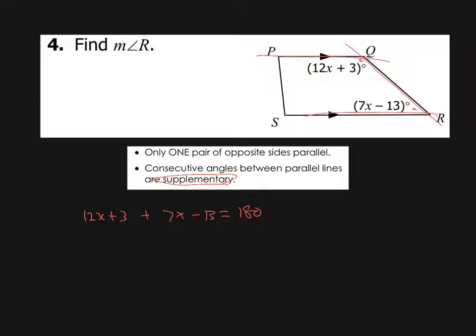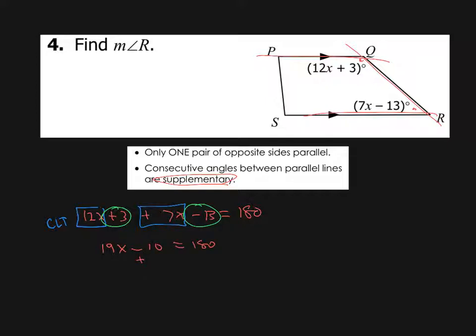Now we're going to combine like terms. So no inverse operations. 12x plus 7x is going to give us 19x, and then we've got positive 3 and negative 13. Well, the difference of those two numbers is going to be negative because there are more negatives than positives, and 13 minus 3 is 10, so negative 10 equals 180.